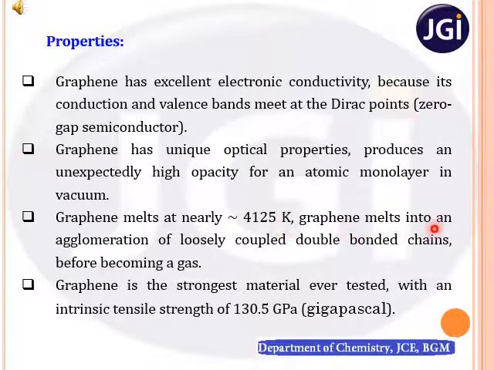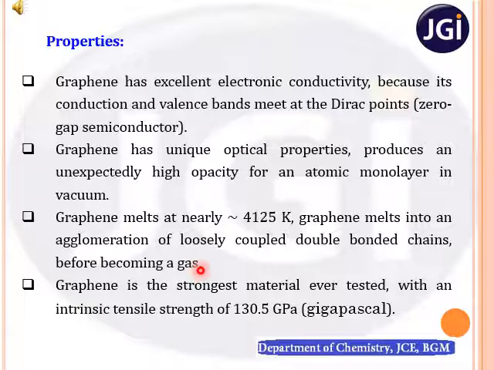Graphene melts into an agglomeration of loosely coupled double bonded chains before becoming a gas. See its melting point, around 4000 Kelvin, much higher than that of our iron metal. Iron melts around 2700 to 2800 degrees centigrade, whereas graphene melts around 4000 Kelvin.